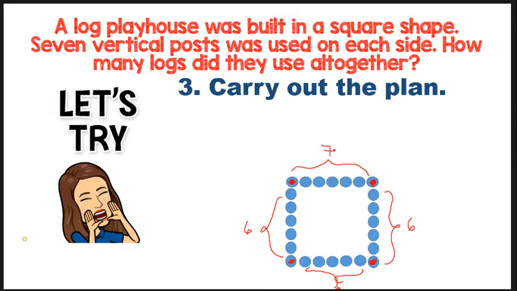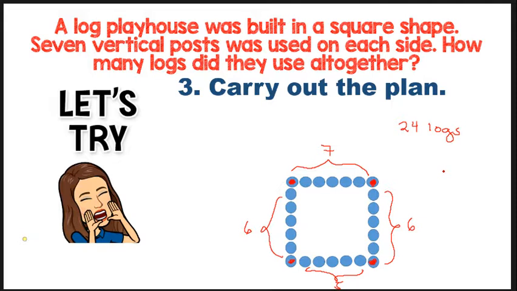So we have how many? 7 plus 6 is 13. Plus another 6, you will end up with 19. Plus 5, you will have 24. Okay, you will end up with 24 logs.